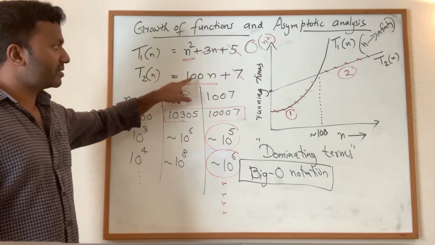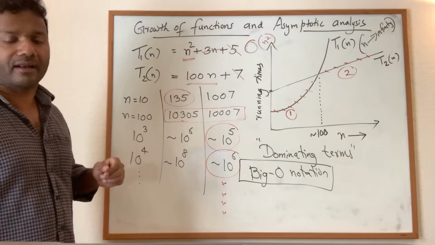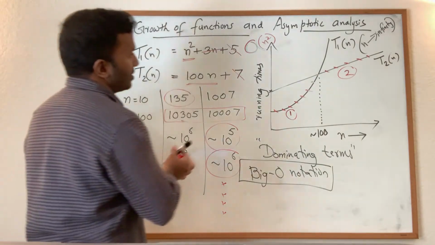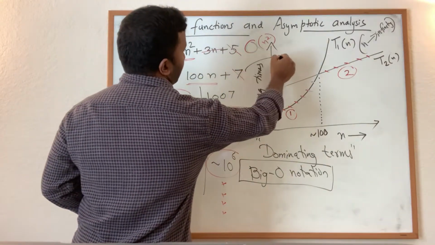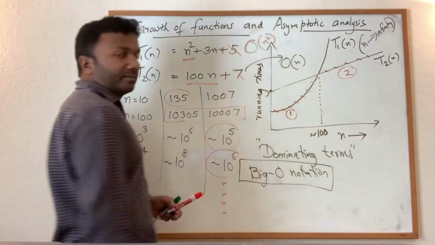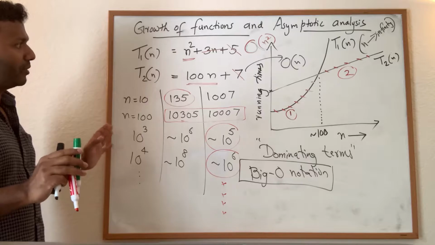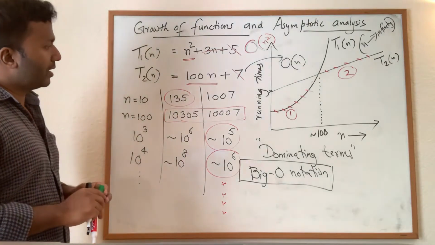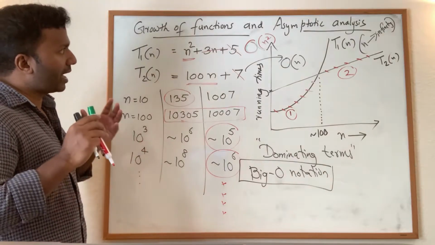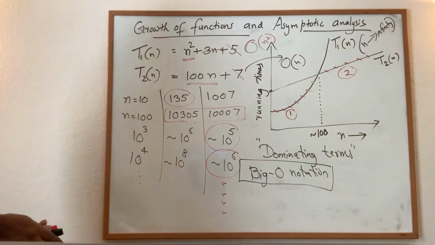In this case, this is 100n. Ignore the constant, so you have only n left. Then we write this as big O of n. Okay, so this is an informal way of defining big O. And now let's see what the actual proper definition of big O is.